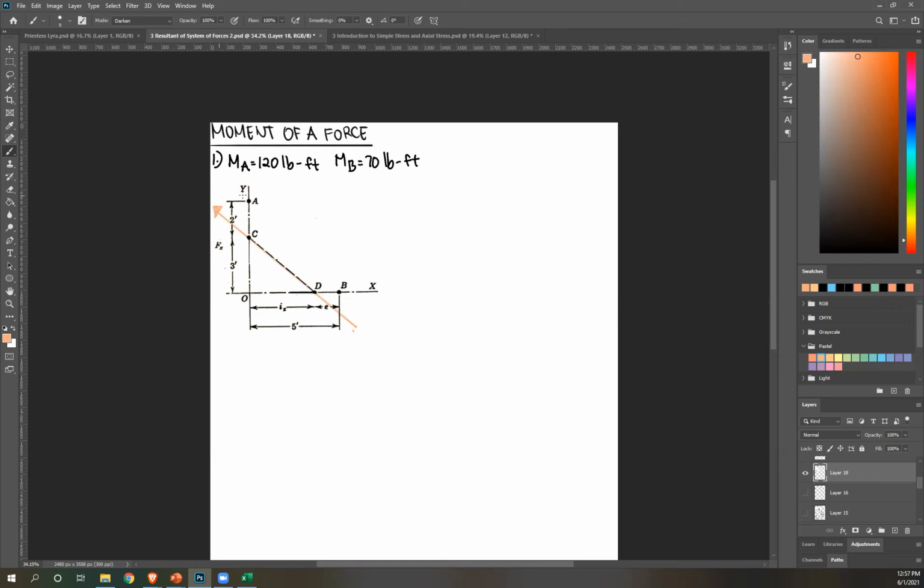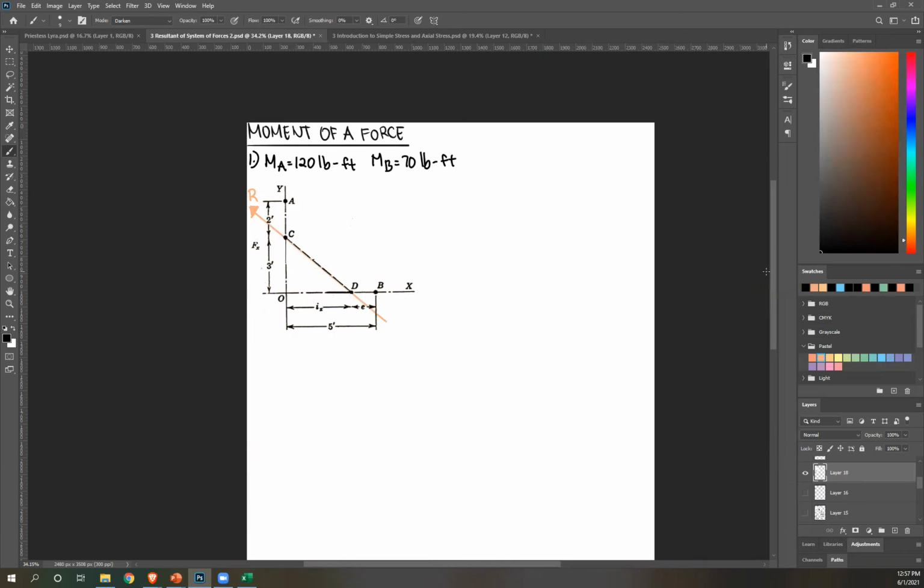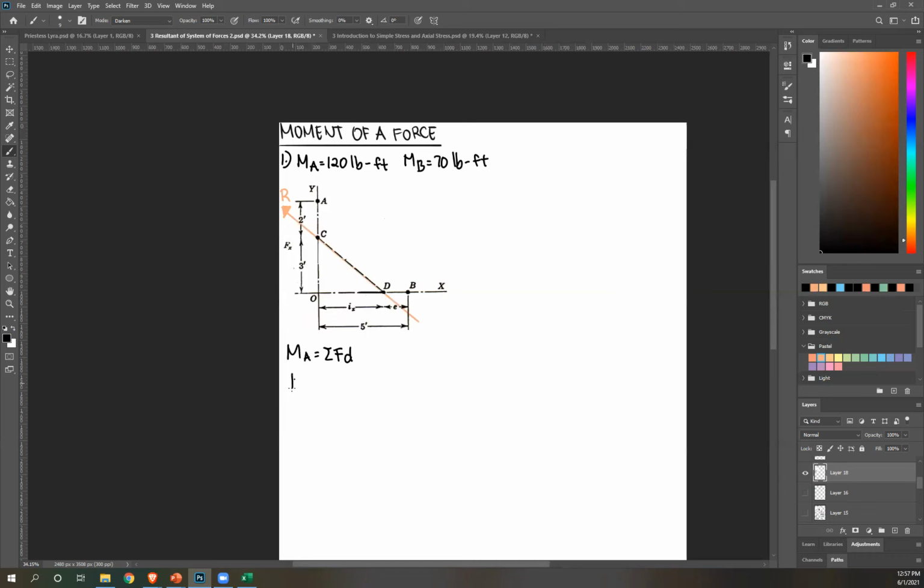So now, how can I solve for R? You're going to solve for R using your given. Let's start with moment about A. So recall, our equation for moment is F times d. MA equals summation of Fd. MA again is 120.